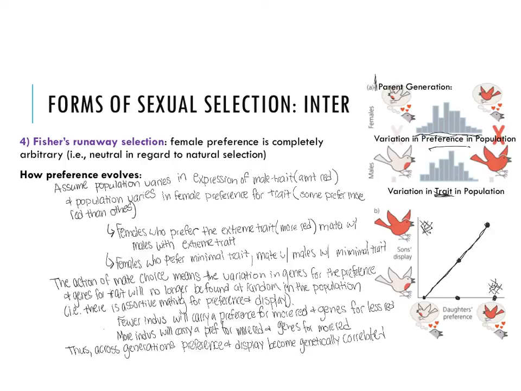And that just means if you inherit one, you inherit the other. If you inherit a preference for more red, you're also inheriting the genes to have more red.